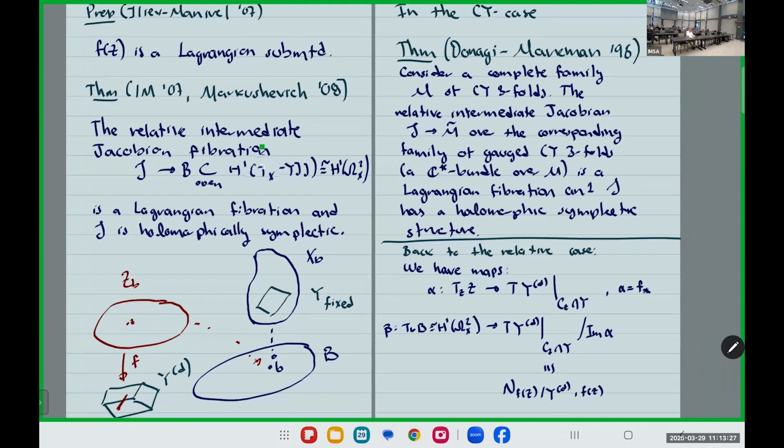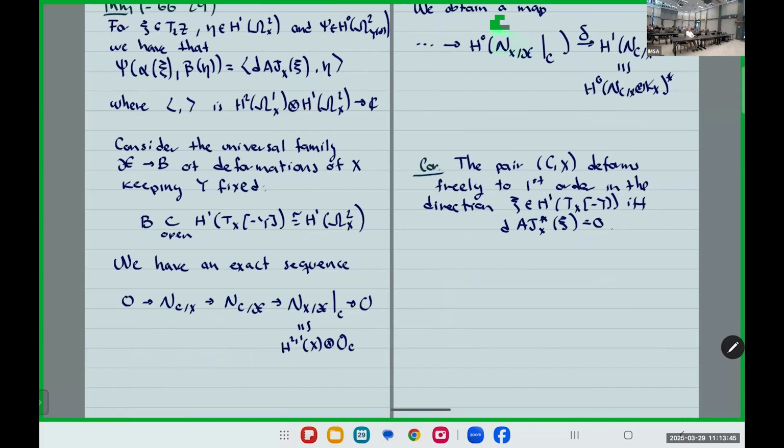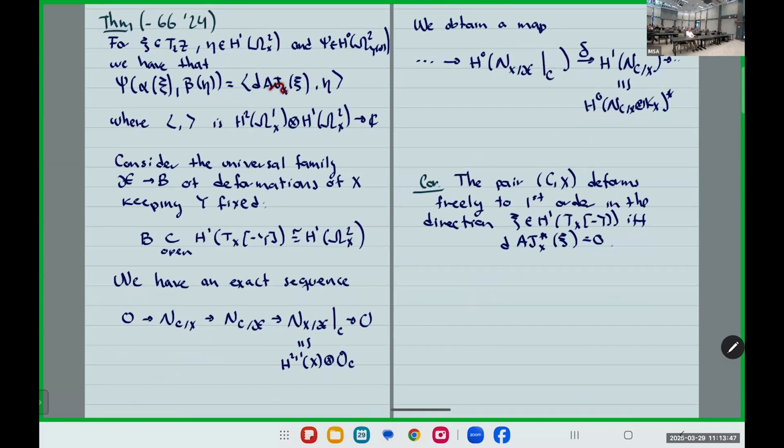And so the main result is that you can use the two-form here to evaluate these two vectors, and this is going to be just given by the differential of the Abel-Jacobi map and the coupling of these groups.